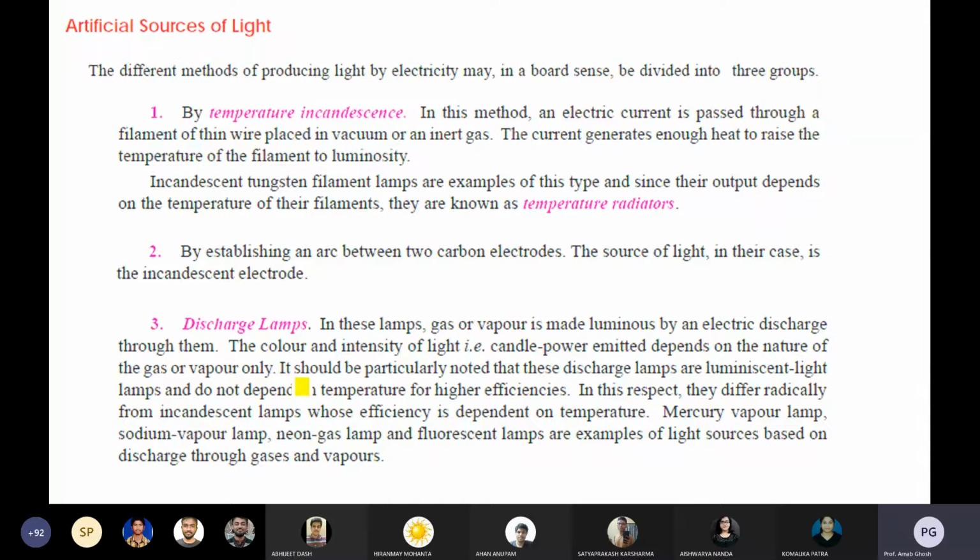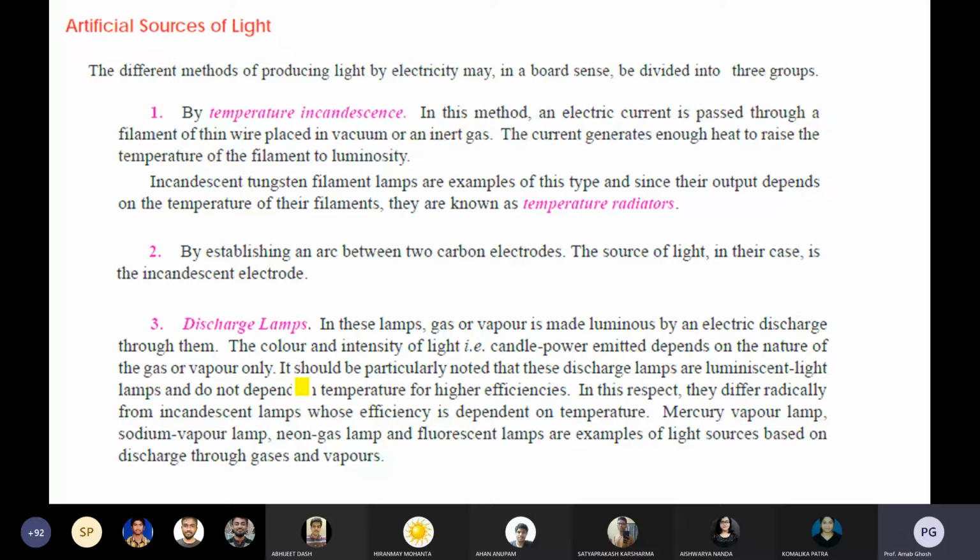Normally, you know that the sun is a source of light, but for the rest we are converting other energy, suppose electrical energy, to light energy. All of those are artificial sources of light.